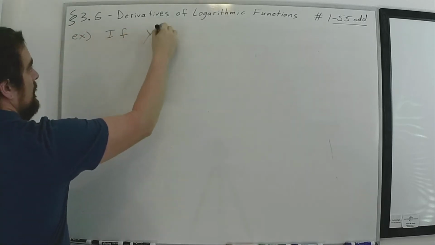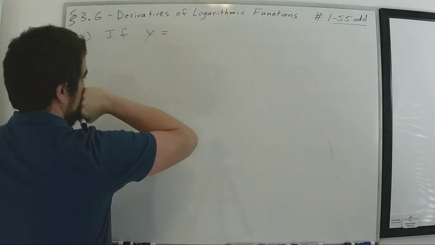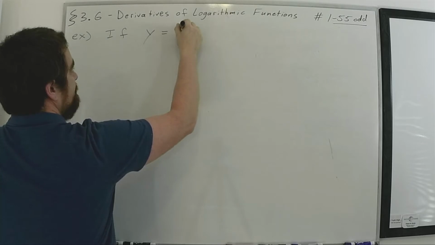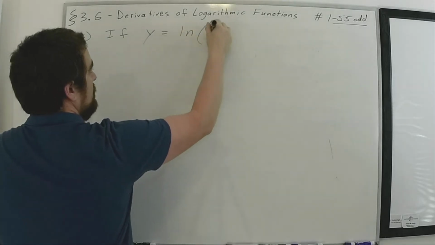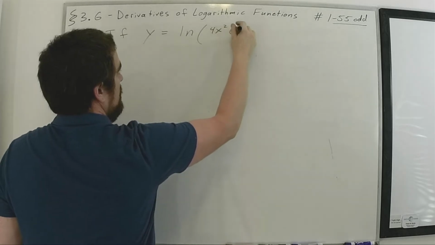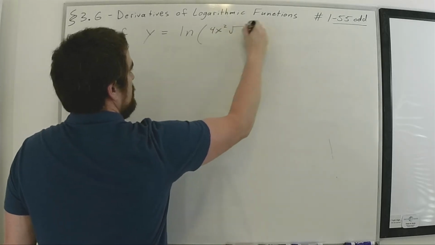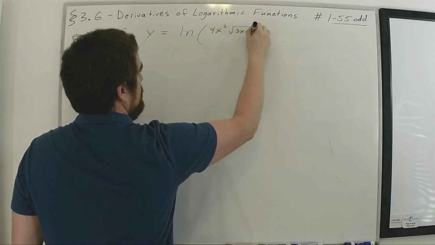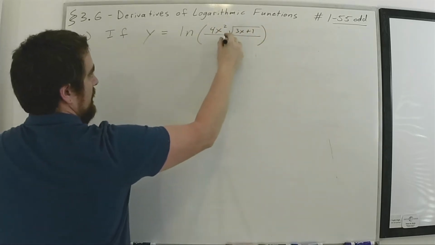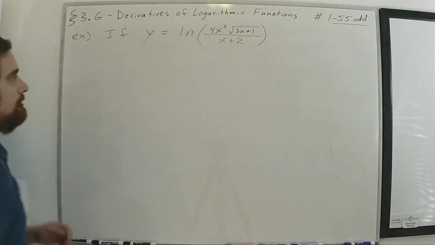Let's say y is equal to the natural log of 4x squared times the square root of 3x plus 1, and divide that by x plus 2.